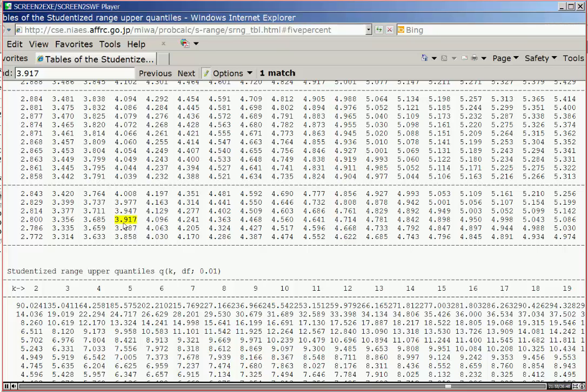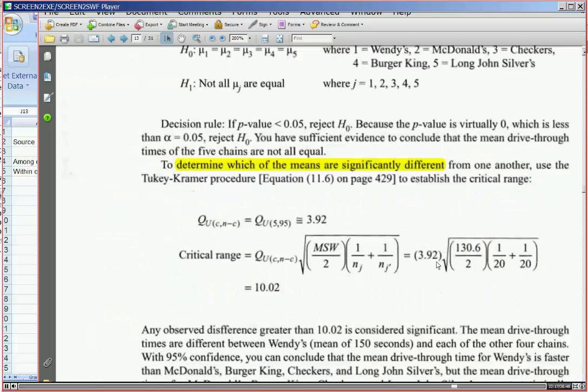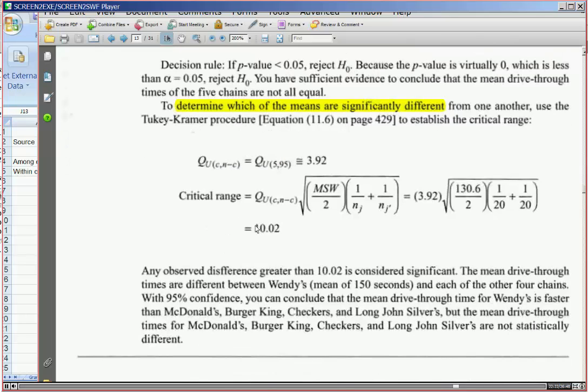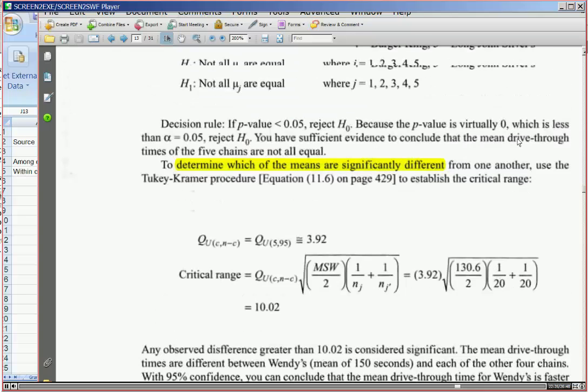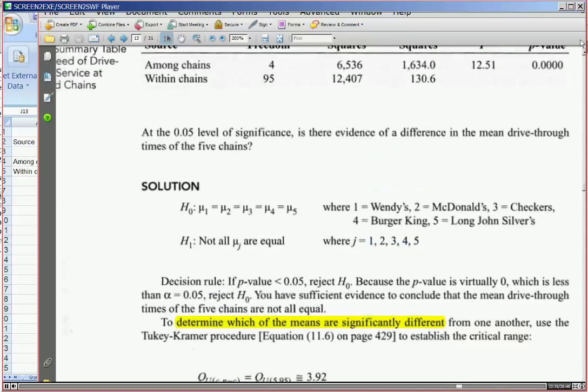So we use this, we'll round it off to 3.92. That's how we did it this time. We got the studentized range value from the internet, not from page 810. We plug it here, and we get the critical range calculated by hand. Again, the reminder is that we have 5 chains here.